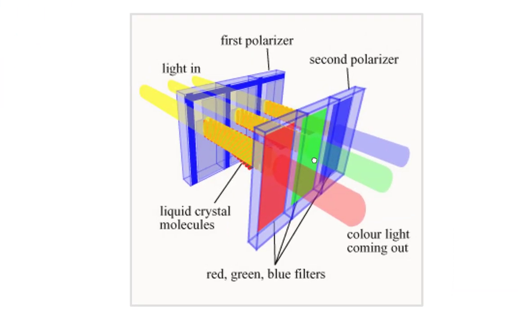These are the three basic colors called RGB: red, green, blue. Here are the three cubes and the three filters. In front of every cube there is a different color filter, and we put a white light, called the backlight.